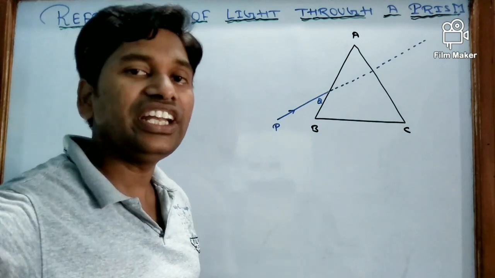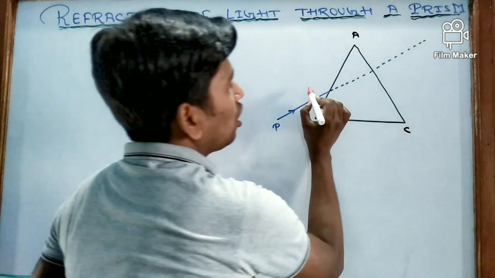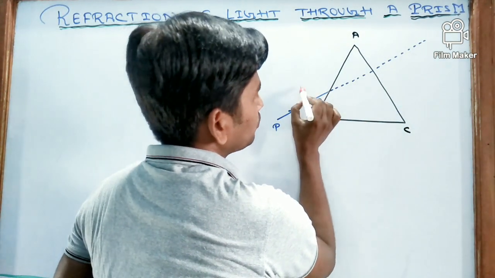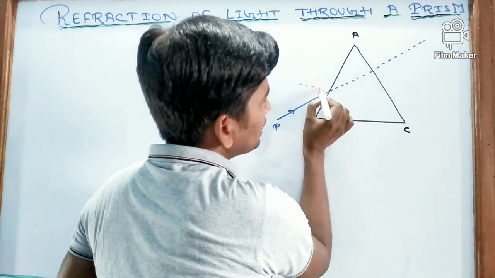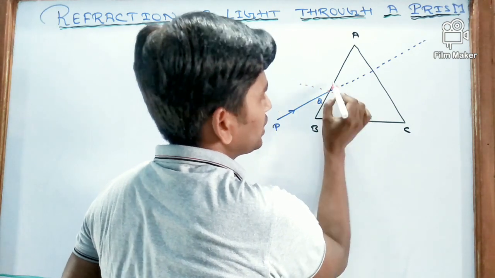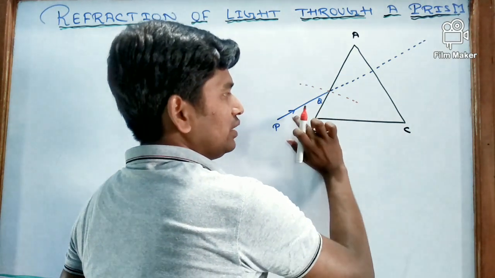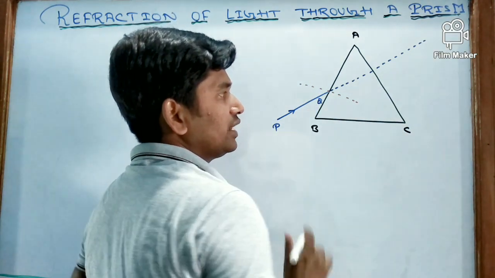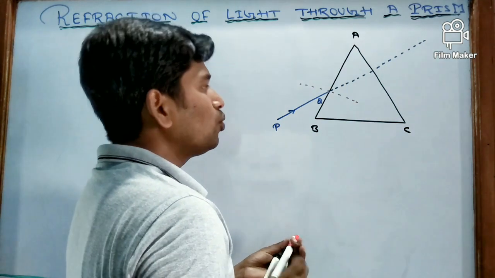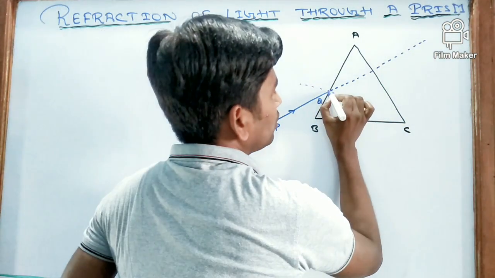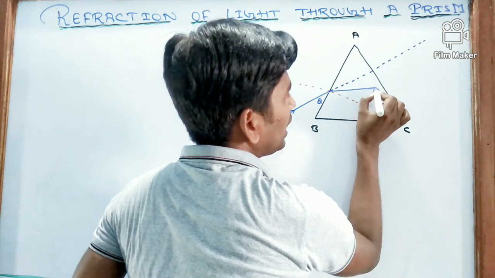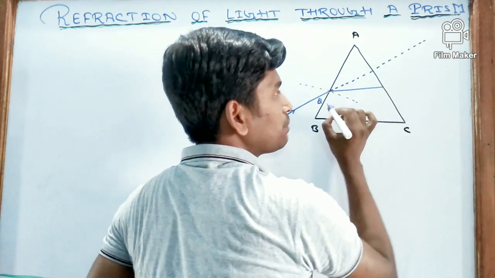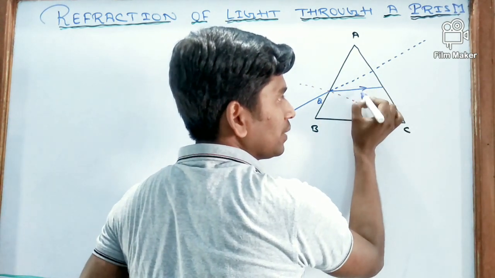To show the deviation, we will draw a normal at point Q, perpendicular to the face. As the ray is traveling from rarer to denser, it will bend towards the normal, and it will not follow this path, it will bend in this way.